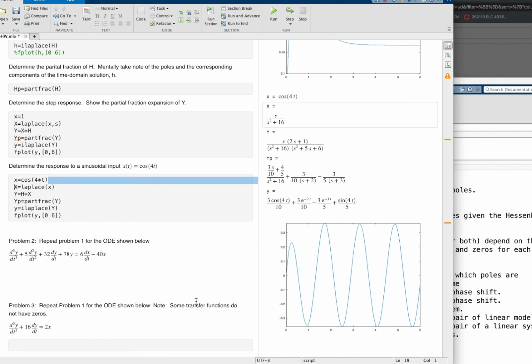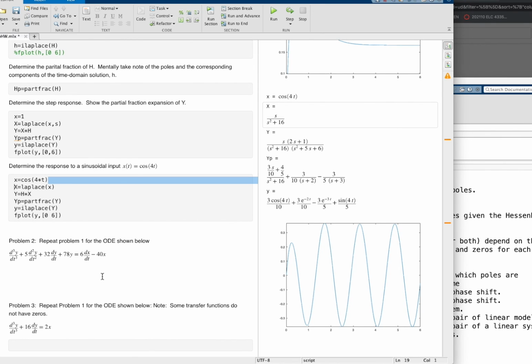In one of the cases, I asked you to calculate the zeros, and the system doesn't actually have any zeros, right? If there's no place where the roots are equal to 0, like if you have a constant term, there's not going to be any. We call that no finite zeros in that system. So that happens on problem 3. I just wanted to warn you about that, okay?